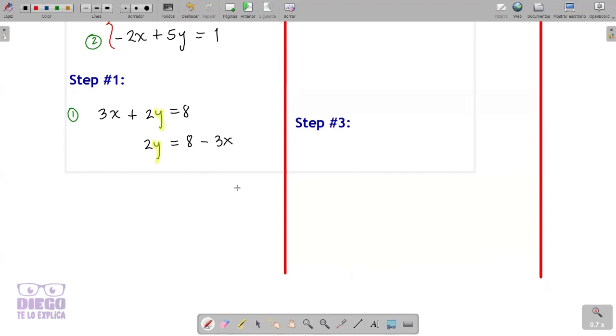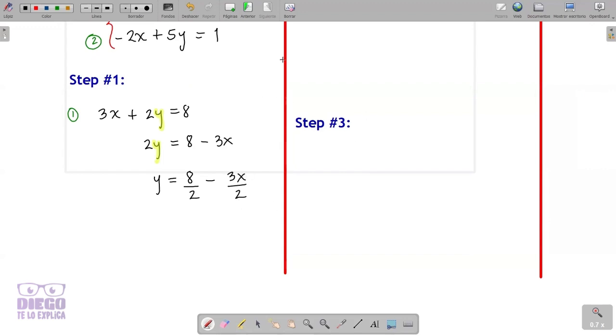But the essential question here is, will the 2 divide just one term or all the terms of the equation? The answer is that the 2 will divide all the terms of the right side of the equation. So the 2 goes dividing the 8 and dividing the 3x.